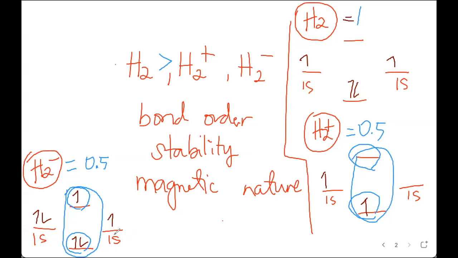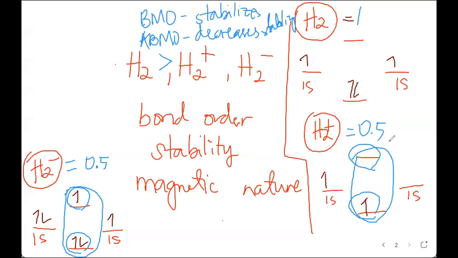Sabi natin kanina sa definition ng BMO tsaka ABMO, yung bonding molecular orbitals stabilizes the molecule, while the ABMO or the anti-bonding molecular orbital decreases the stability of the molecule. So if you have one electron in the ABMO compared to no electron in the ABMO for H2 positive, which will be more stable, the H2 negative or the H2 positive?